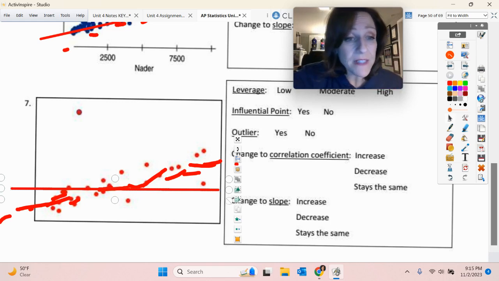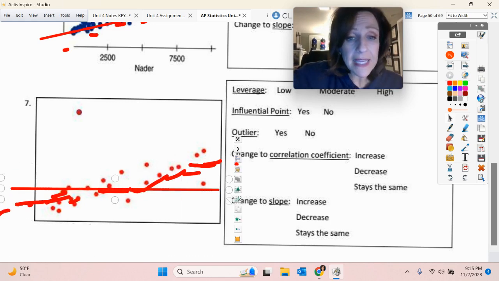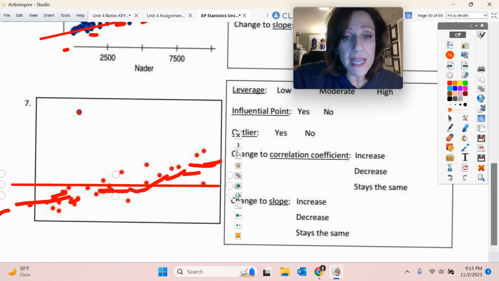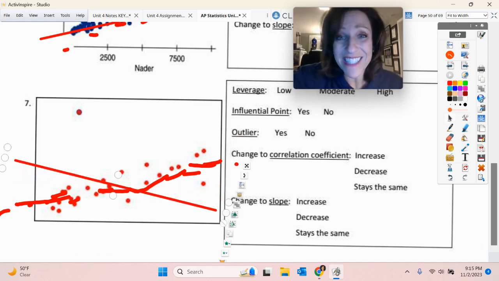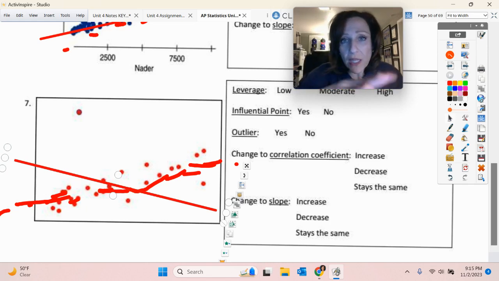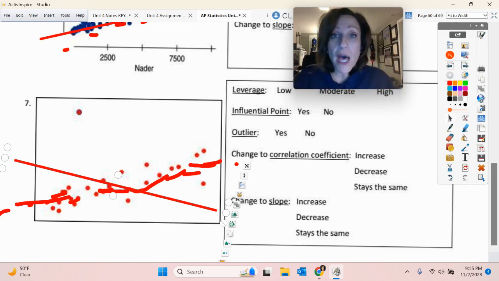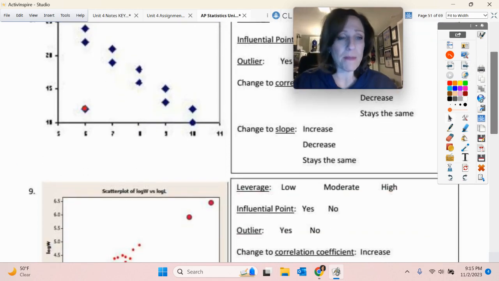So therefore, it's actually going to pull this guy and toggle him up on the left side of the middle. So he actually makes that slope go down. The slope decreases because you're pulling the left side up. Okay, so that's kind of the idea of what's happening.